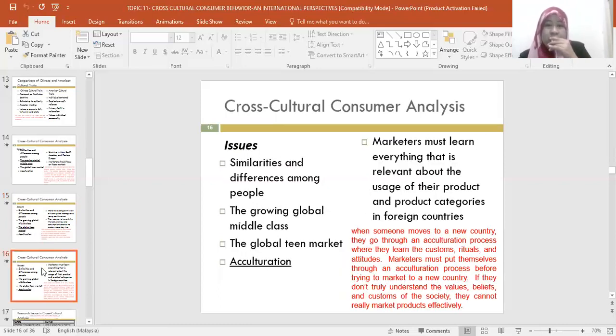And then the last one we have is acculturation. What is acculturation? Acculturation is when someone moves from one country to another country, and they have to go through what we call the acculturation process. They have to learn about the new customs, rituals, and attitudes.